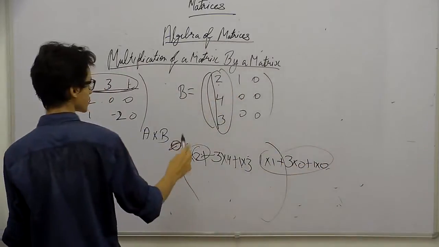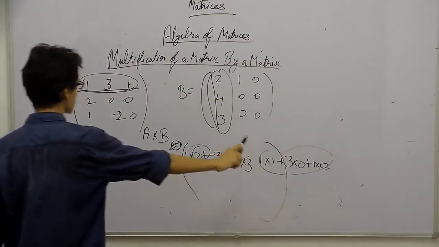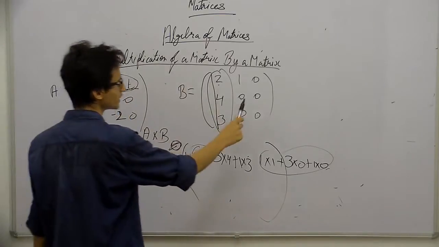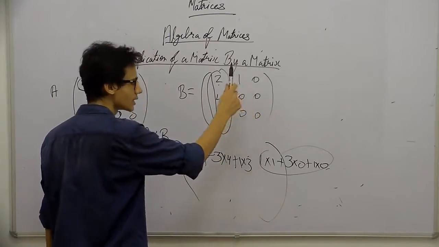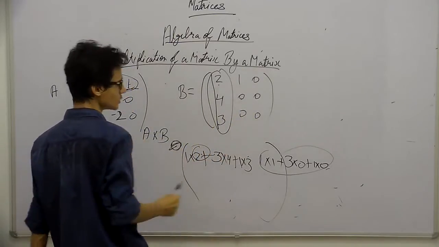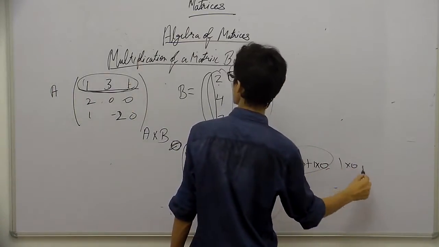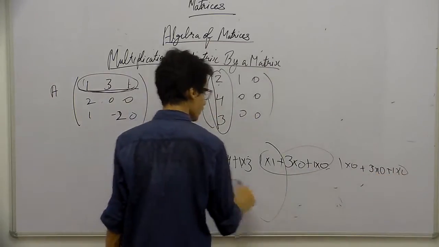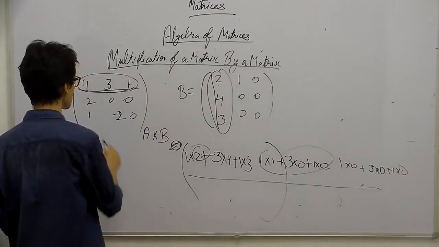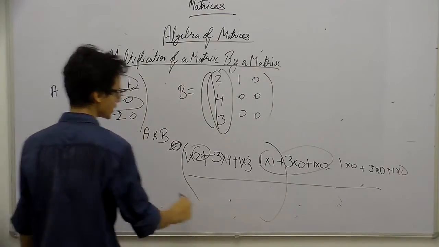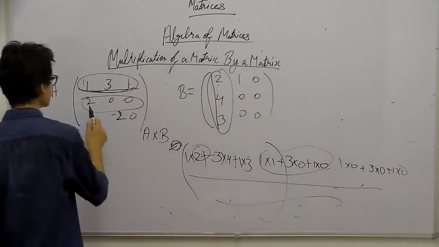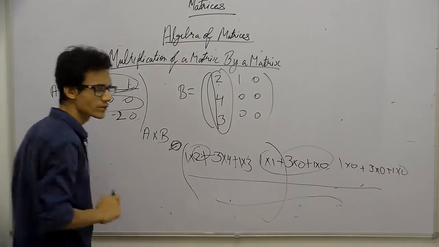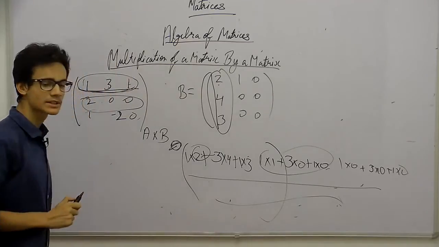Similarly, the third element of the first row is the first row of A with the corresponding elements of the third column of B. So this is equal to 1 into 0 plus 3 into 0 plus 1 into 0. Similarly, for the second row of A into B, we do the same process with the second row of A, and for the third row of A into B, we do the same process with the third row of A. So that's how we multiply.